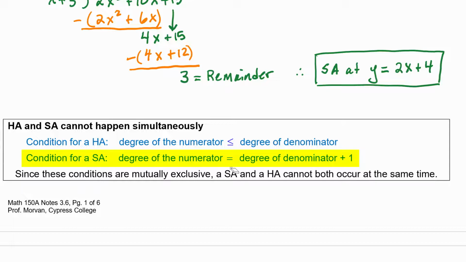So it has to equal the degree of the denominator plus 1. These two things can't happen at the same time, so since these conditions are mutually exclusive, a slant asymptote and a horizontal asymptote cannot both occur at the same time.